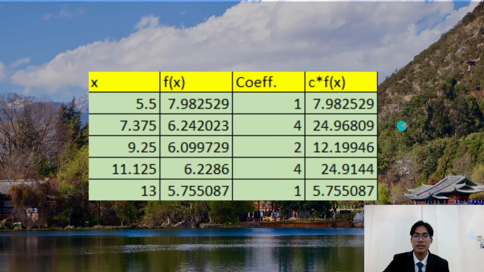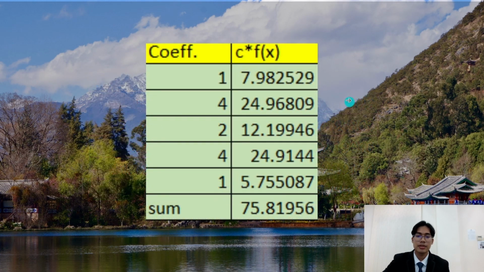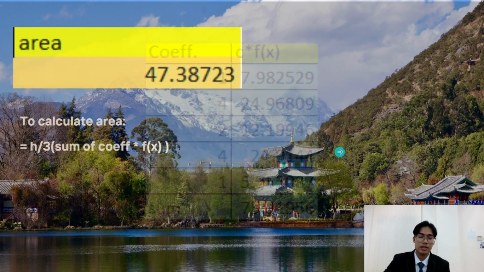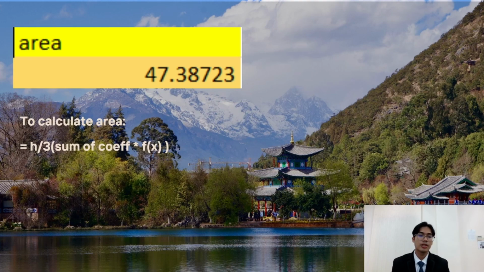Then we calculate the alternating coefficient times each fx, and calculate the sum of all the coefficient times fx that we got before. Last but not least, we can calculate the area under the graph using Simpson's rule, which is h divided by 3 times the summation of coefficient times fx.